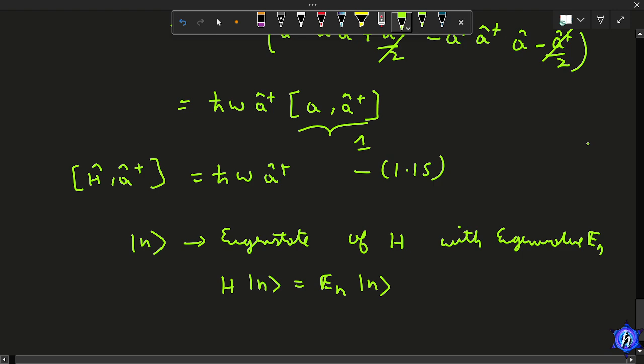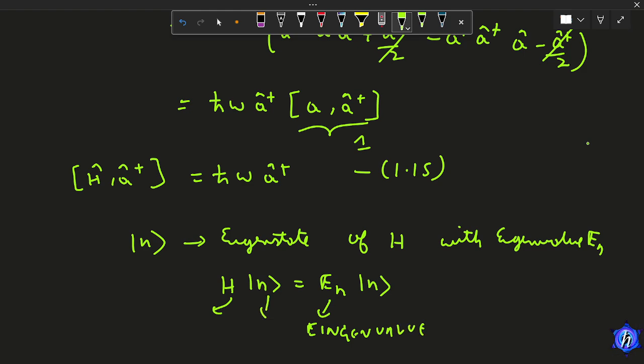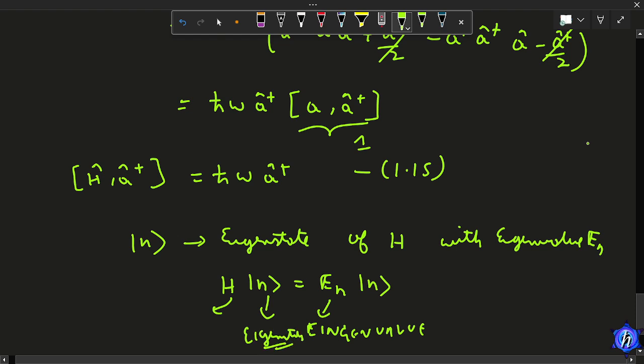What this means is this is the eigenvalue, and this is the eigenstate. The H operator acts on the eigenstate, gives us an eigenvalue, and gives us the same state back.